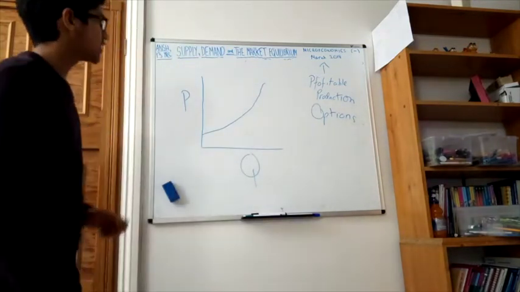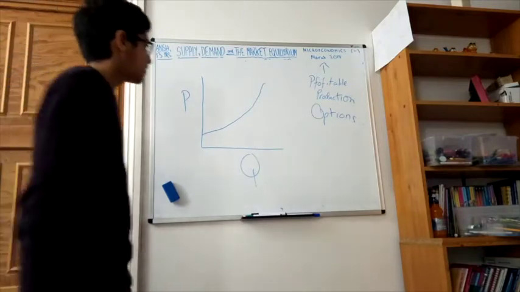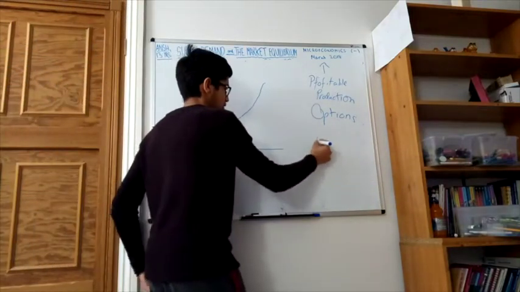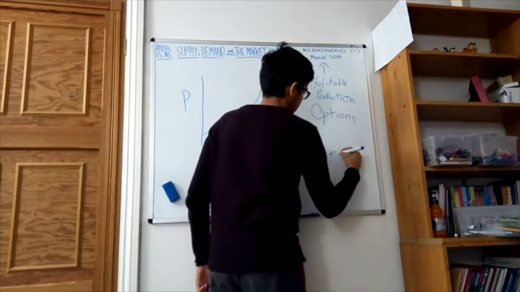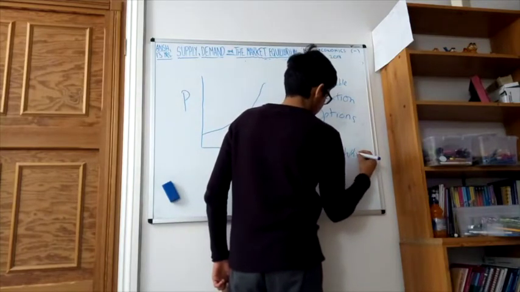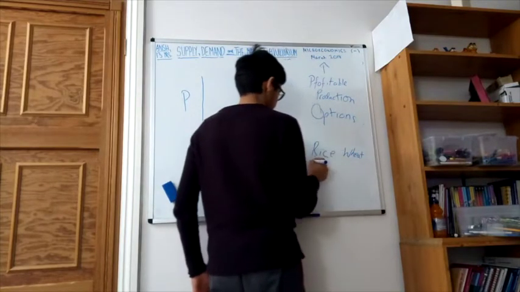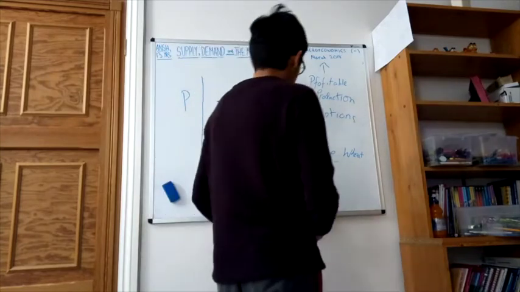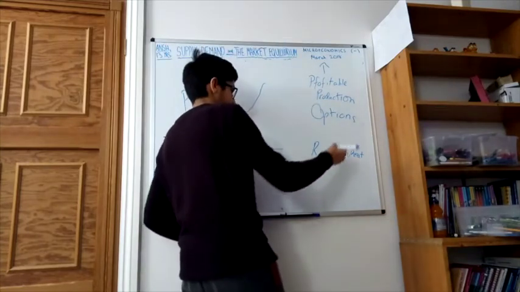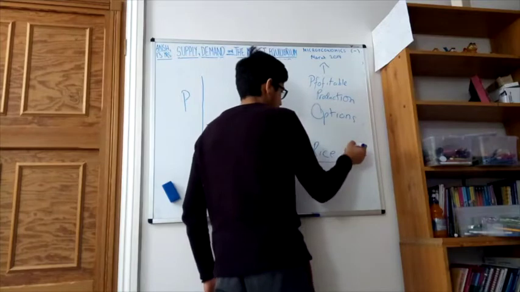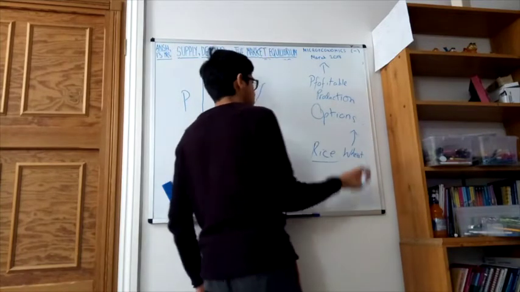Now, since we're getting more money for producing our other option, we can go back to the example with rice and wheat. Say now we wanted to be a rice farmer because we thought the price was increasing, but the price is not increasing, or even if it did, the wheat price has increased even more.